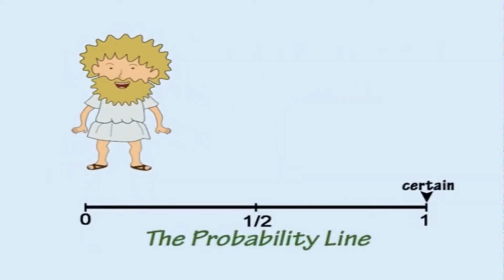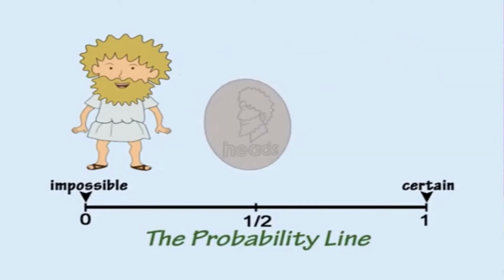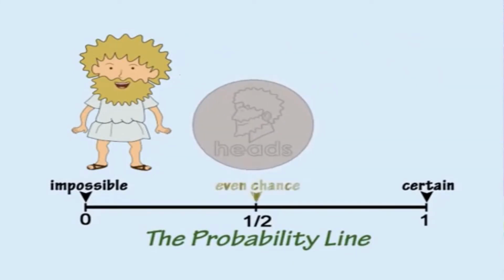One means total certainty, naught's impossibility, and the chance of anything happening lies in between. Toss a coin and there's an even chance of getting heads, but there's also half a chance of getting tails instead.